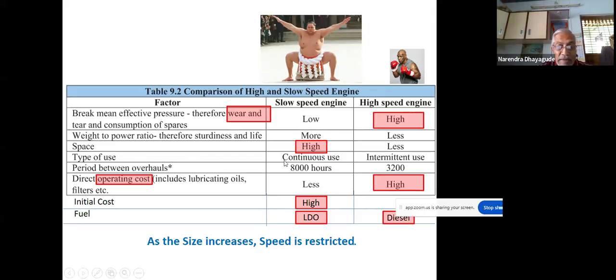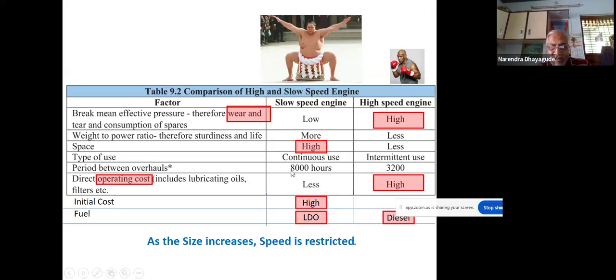But here we can use continuous duty, whereas the 1500 RPM diesel engines are of intermittent duty. They cannot run for a longer time, maybe for half an hour. The larger engines are used for continuous use, so that's why for captive power plants slow speed engines are ideal.